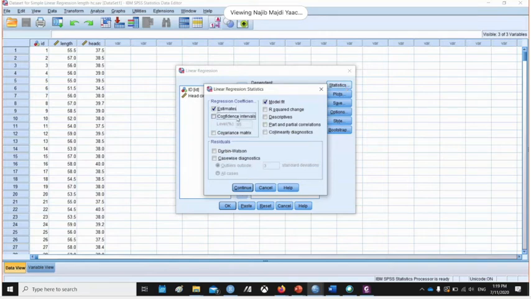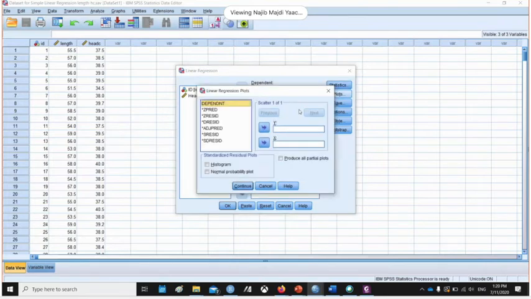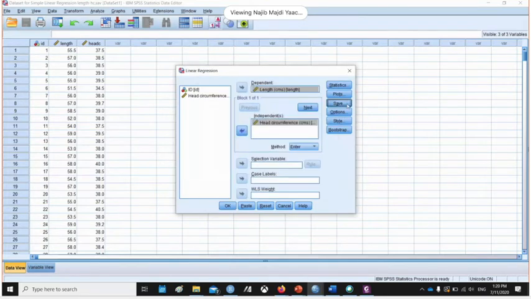Under Statistics, ask for the 95% CI of the regression coefficient. You can also ask for descriptive statistics, and also R square change. The rest, no need to bother first.